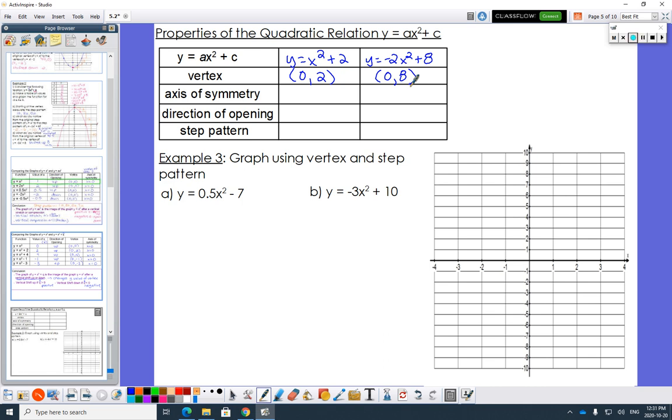Axis of symmetry is the x value, so 0 and 0. This is positive, so up. This is negative, so down.